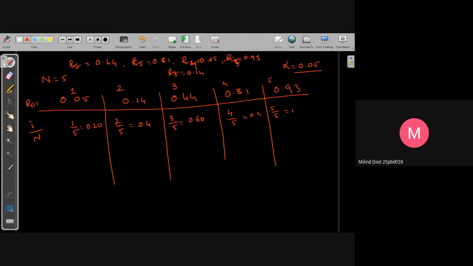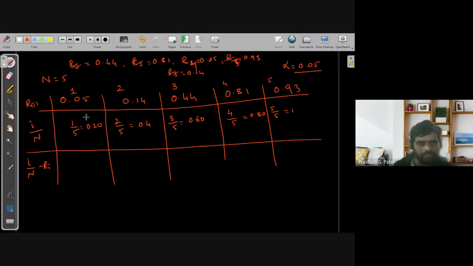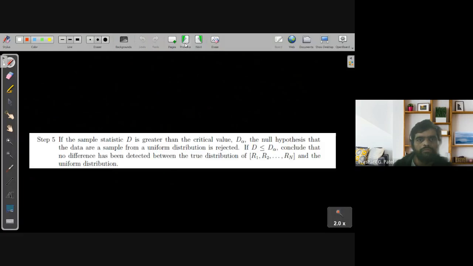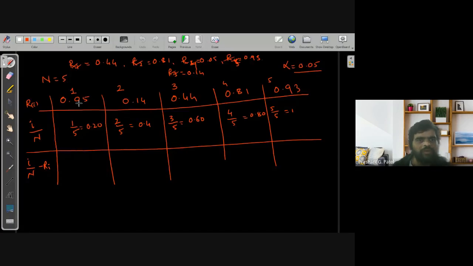0.8, and 1. Okay, then the next step is to compute i upon N minus Ri. This is the thing which we have to compute. So 0.20 minus 0.05 gives you 0.15.